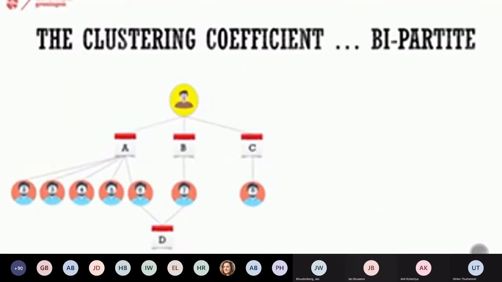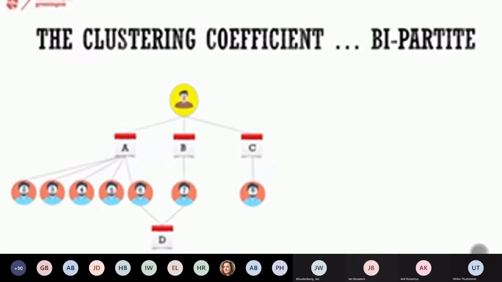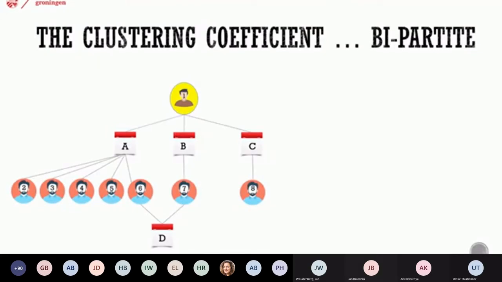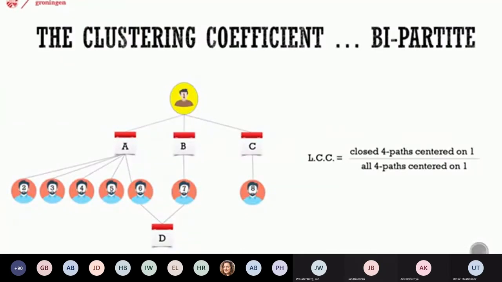Now, what we do is a bit more complex. Because now we have audit teams A, B, C, and D, and we have a certain number of individuals or team members. Just to give you a quick idea about what we are doing, this is the formula that we are using, which has been suggested by Opsahl.